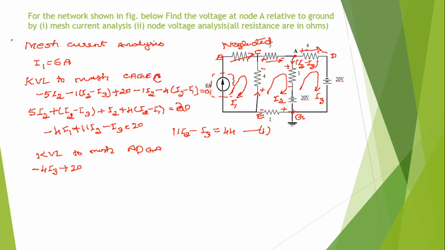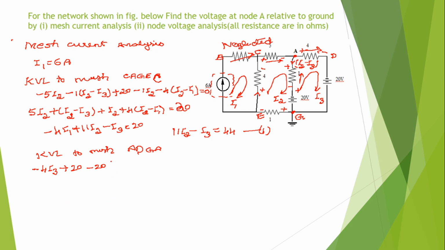Now coming to this G to A. In this path, one source voltage is present. This source voltage is falling, so voltage drops. So it becomes minus 20. Correct? Now coming to this branch, in this branch, current I3, I am writing the equation for mesh 3. So I will assume the resultant current flows in this direction. So this acts as a positive, this acts as a negative, and the current is I3 minus I2.